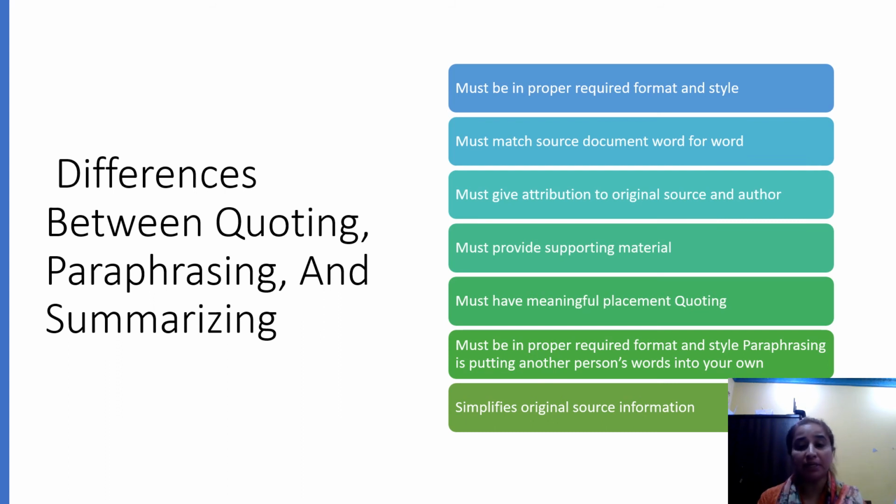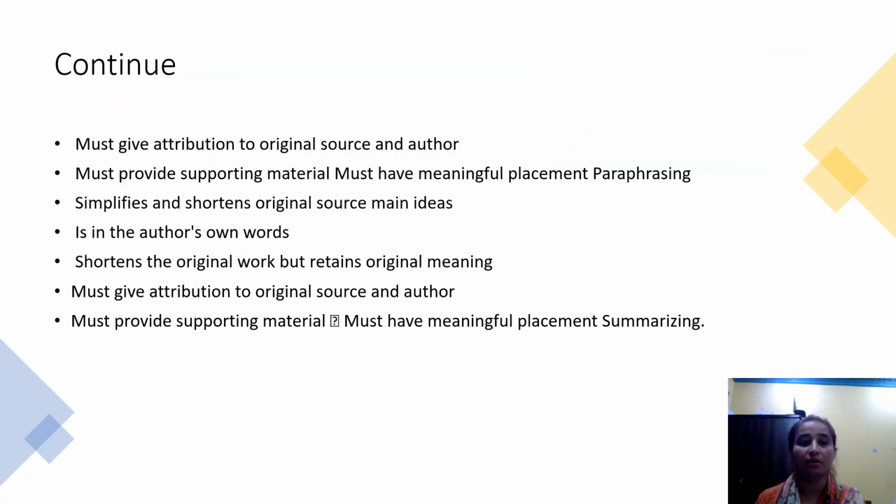Paraphrasing is putting another person's words into your own. It simplifies original source information. It must give attribution to the original source and author, must provide supporting material, and must have meaningful placement.